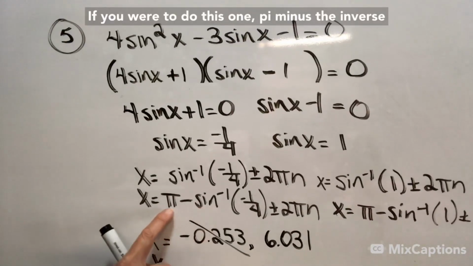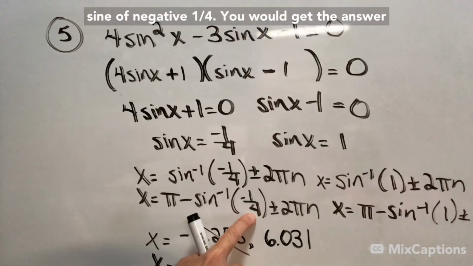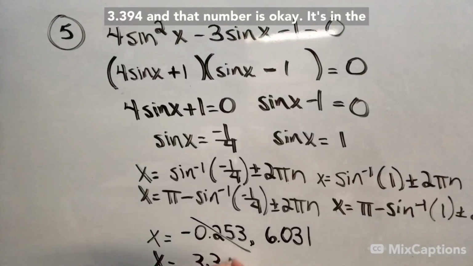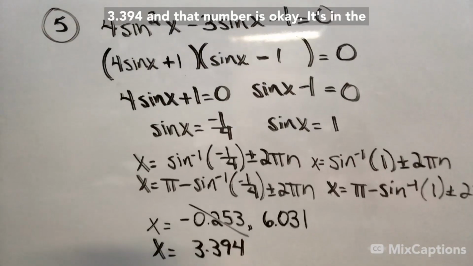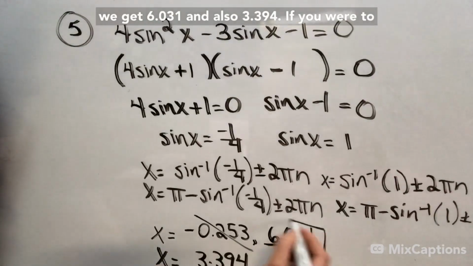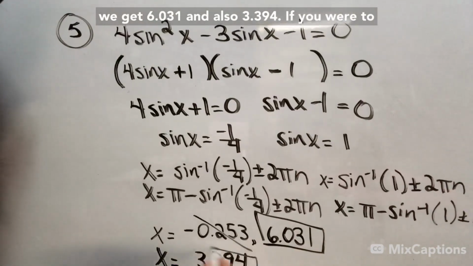If you were to do this one, pi minus the inverse sine of -1/4, you would get the answer 3.394. And that number is okay. It's in the correct interval. So for the first equation, we get 6.031 and also 3.394.